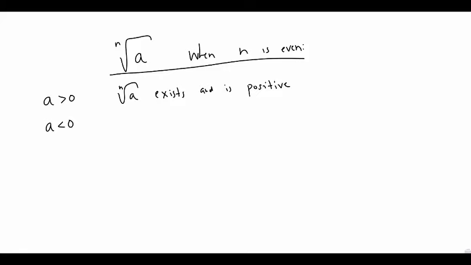And when the radicand is negative, the nth root does not exist. This is, again, as a real number. It does exist as an imaginary number, but not a real number.